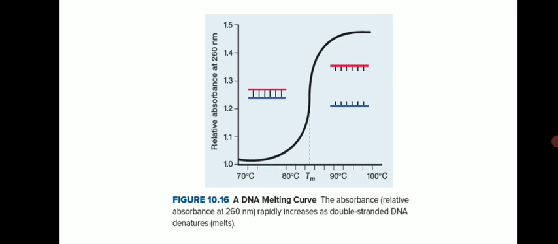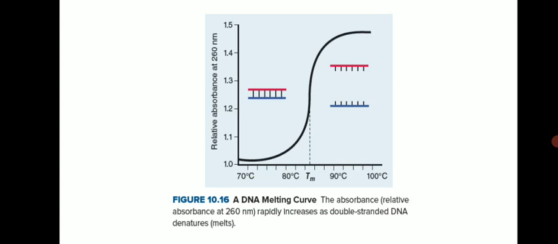The melting temperature depends upon the concentration of GC as well as AT base pairs. As we know, a higher percentage of GC base pairs takes more time to melt as compared to a lower percentage, because AT base pairs are joined with 2 hydrogen bonds, and GC base pairs are joined with 3 hydrogen bonds.